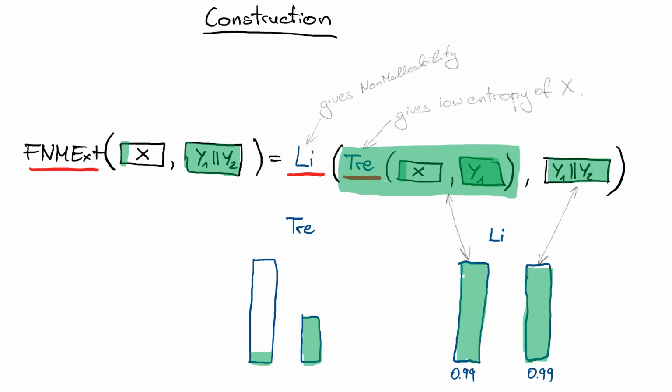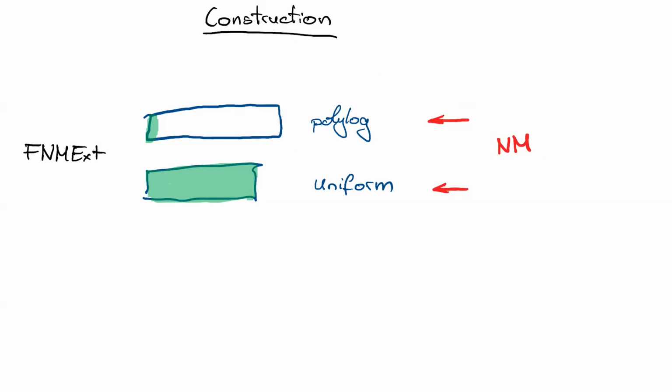You should think about it in a way of Li gives non-malleability, and whatever you have here gives lower entropy requirements. So we have a first step in the construction. We constructed a two-source non-malleable extractor with full standard definition that has polylogarithmic entropy in one source and uniform entropy in the other. Okay, now we will take this and compile again.